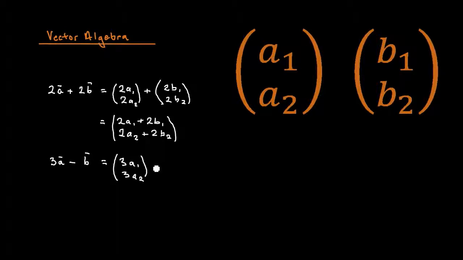And if we're going to subtract, well, what we might want to do here is change this to addition. We don't have to, but it seems to be something we might want to do anyway. Let's just change our vector B then to negative. And all we're doing then is multiplying by -1. So we end up with minus B1 and minus B2.